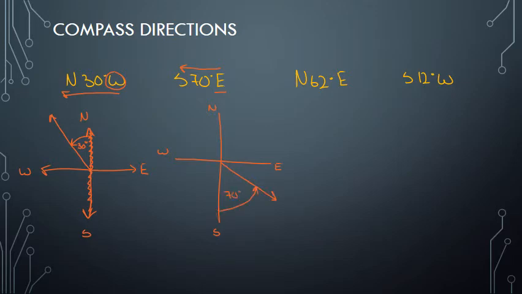Let's try this one, a little bit smaller. Starting with the east and reading backwards, I'm going in an eastern direction, 62 degrees from the north line.